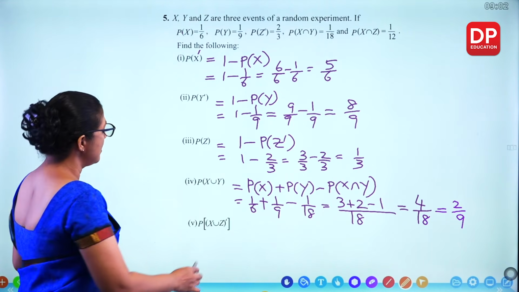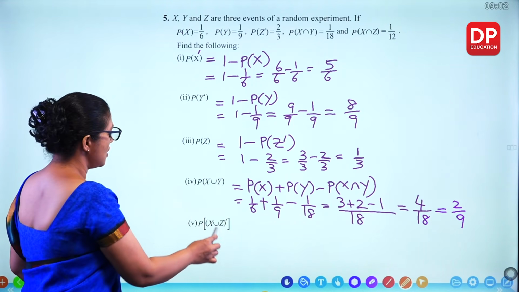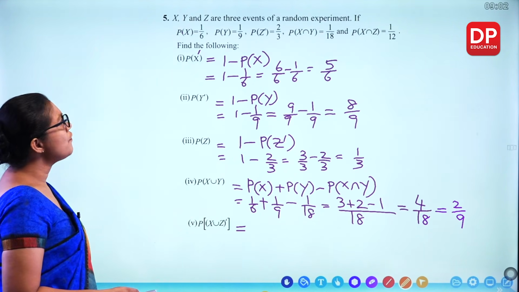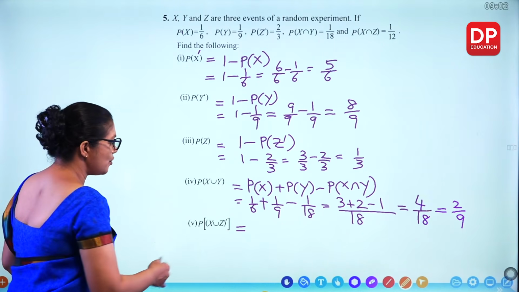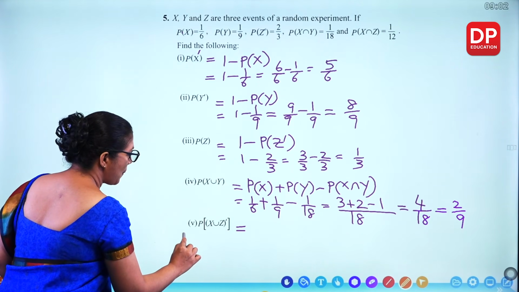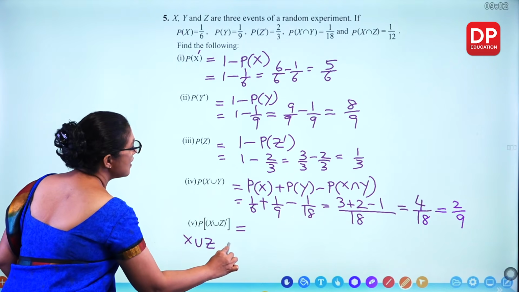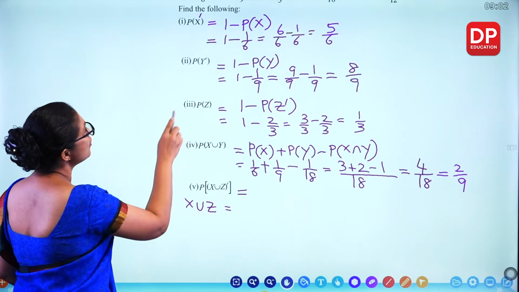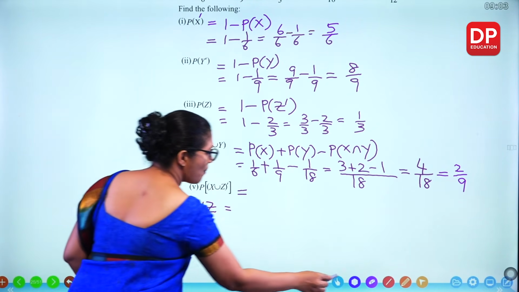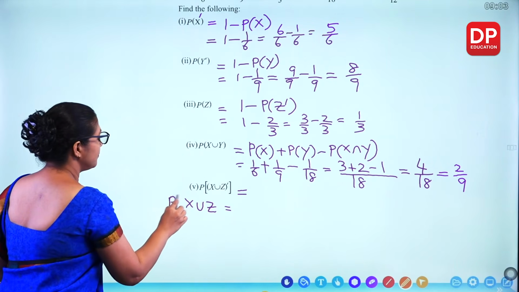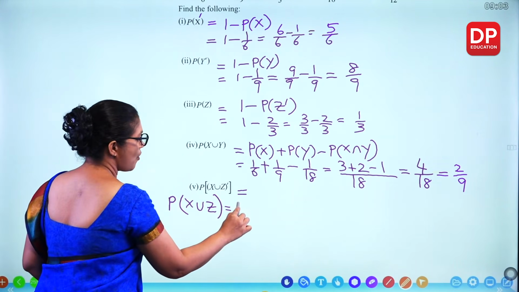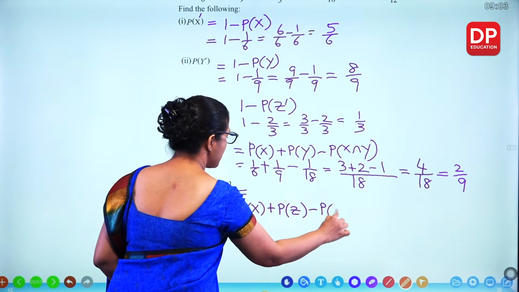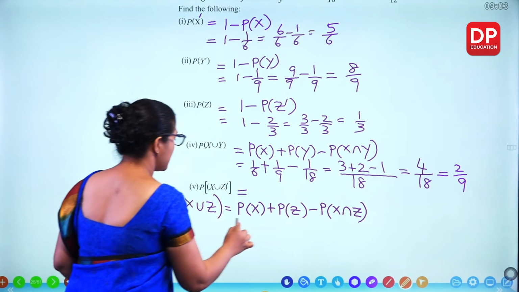Then x union z dash. So what is x union z dash means? First we need to find out the union. We'll first find union for that. X union z. How can we find out union? We can find out using the given information. Probability of x union z is probability of x plus probability of z minus probability of x intersection z.